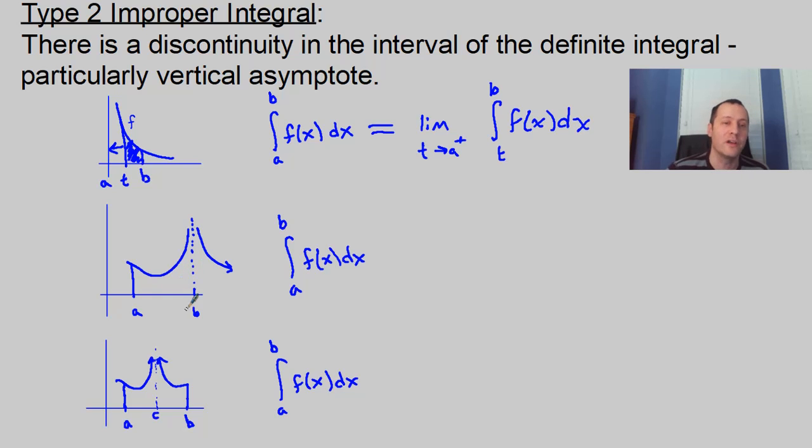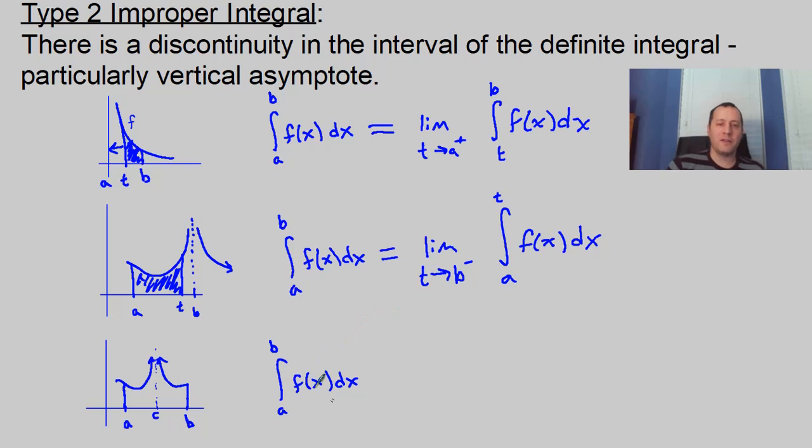If you draw a line here to give yourself a t, we're looking at the area from a to t as t approaches b. In this case, since t is to the left of b, t is going to be approaching b from the left, and it's the integral from a to t of f of x dx.